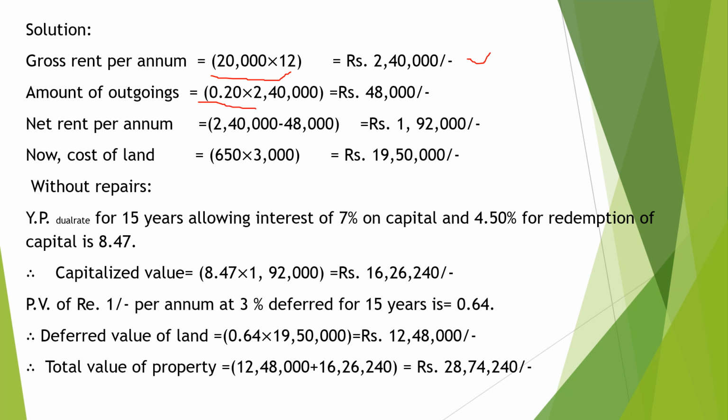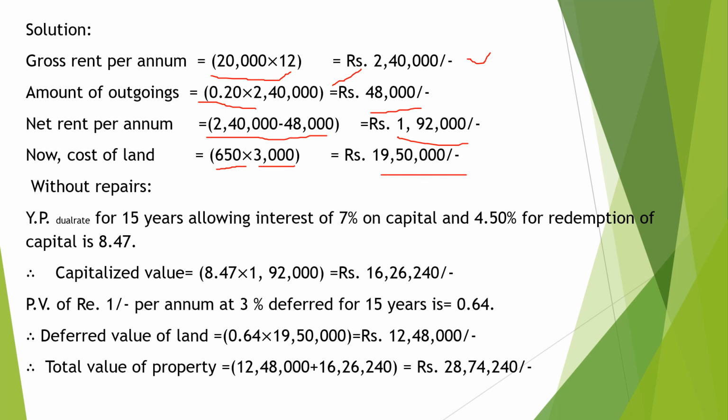So 20% of 2,40,000 means amount of outgoing is 48,000. So net annual return will be 2,40,000 minus 48,000, 1,92,000, and cost of land, 650 square meter multiplied by rate of land 3,000 per square meter, 19,50,000.